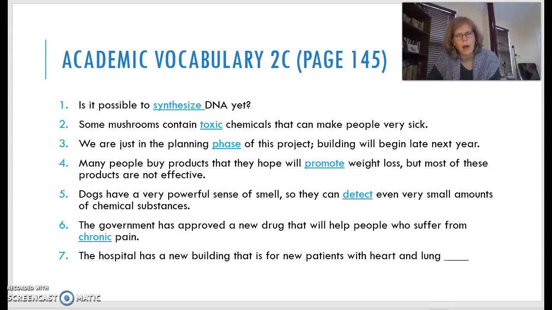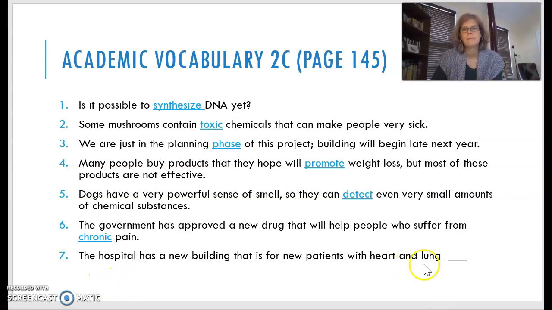Hopefully you chose chronic. Chronic is that kind of pain that happens over time, that is probably very difficult to get rid of, to solve, different from acute pain that happens suddenly. Chronic pain goes on and on over time.